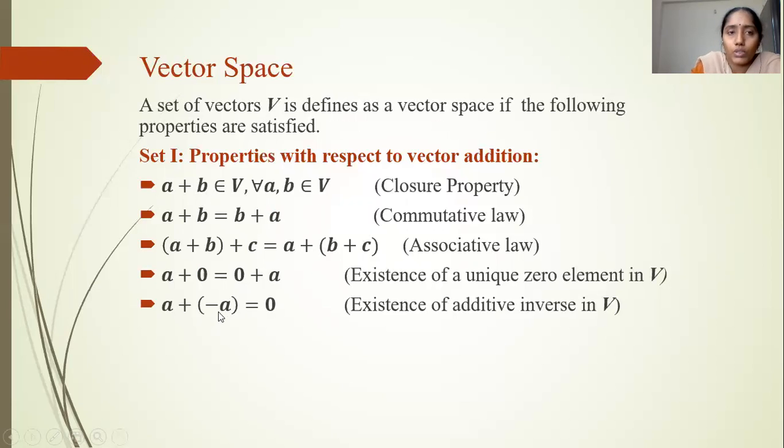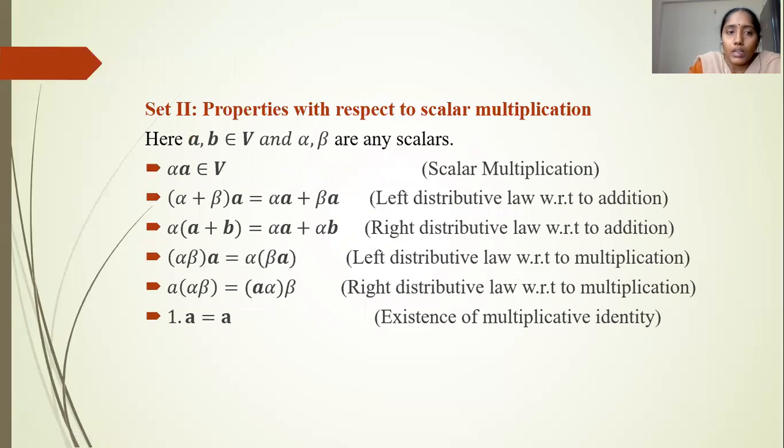Now we are moving to the second set. Here A, B belong to the set of vectors, and alpha and beta are any scalars. Alpha A belongs to V; this property is called scalar multiplication. Alpha plus beta into A is alpha A plus beta A, which is called the left distributive law with respect to addition.